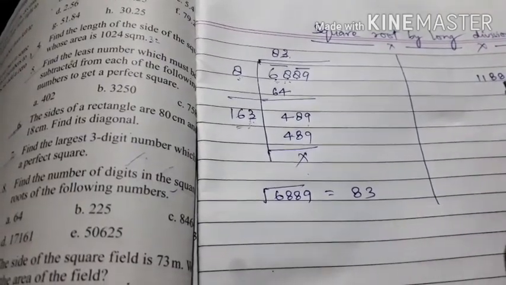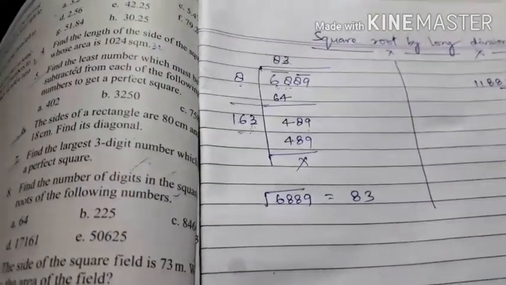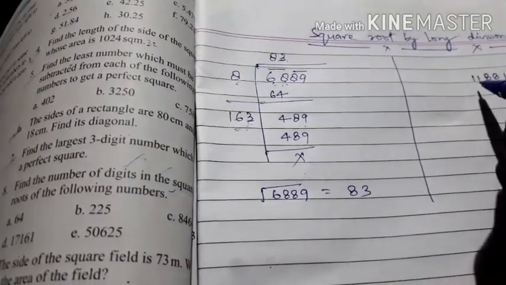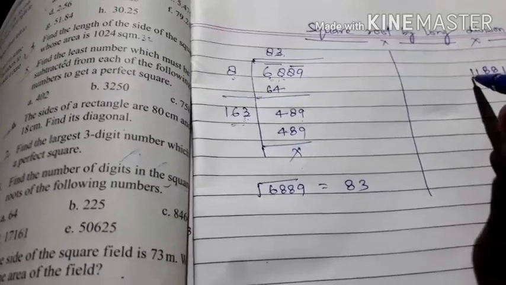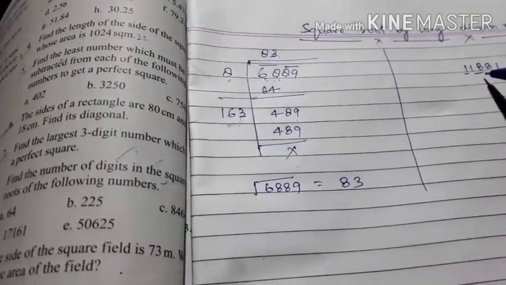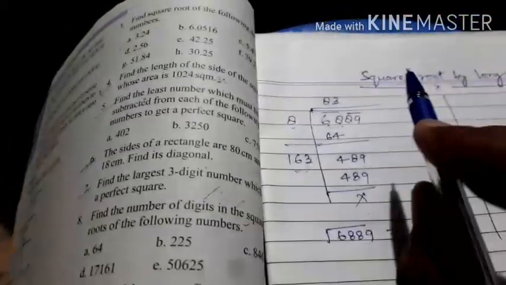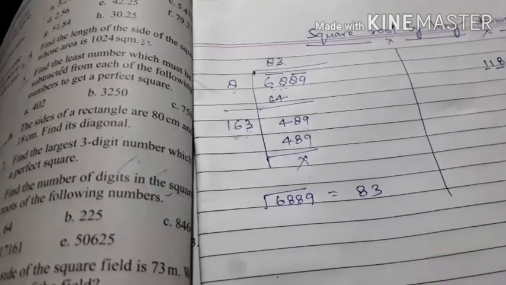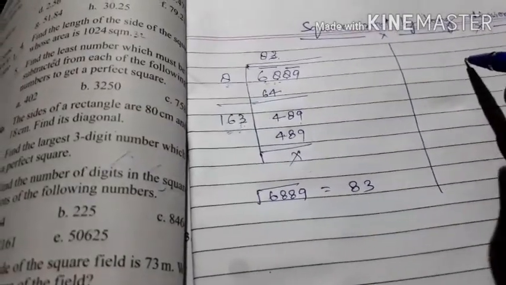First make pairs starting from the unit place. Second is this, and third is single. So we make a pair of the single digit. This line of the pair will be marked above the digit. Remember, I have marked below this digit, but you will have to mark above.